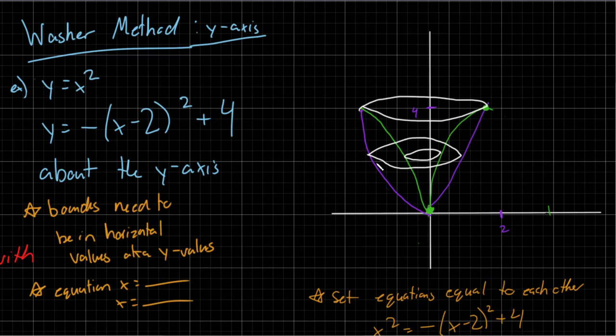Which function is touching the smaller of these 2 circles? Okay, green or purple? Green. Okay, which one was our green function? Yep, second one. Okay, so that means my outer radius is what function?